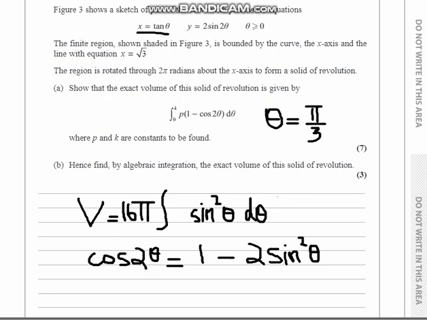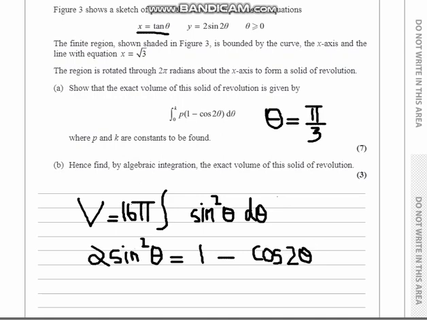I'll make sine square theta the subject by dividing both sides by 2. There you go, I got sine square theta as 1 minus cos 2 theta upon 2. And now I'll plug it in here and we can integrate it easily.